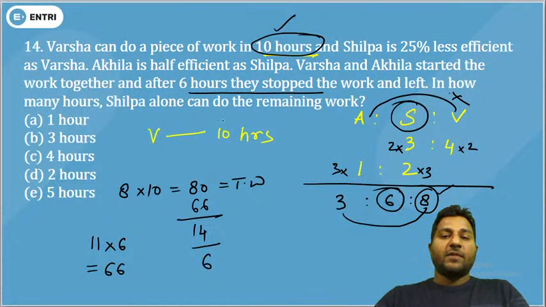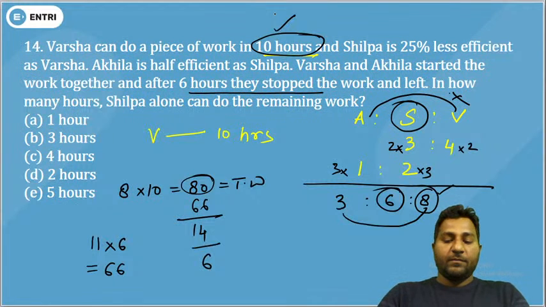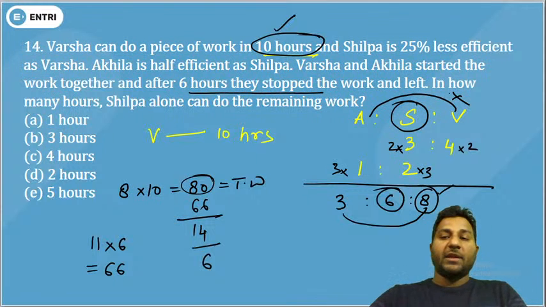That means in 10 hours it will complete 80 total work. D, 2 hours is the correct one. Yes. Shilpa alone can do the remaining work. So Shilpa alone has 6 efficiency.